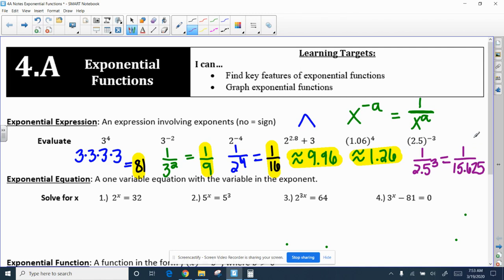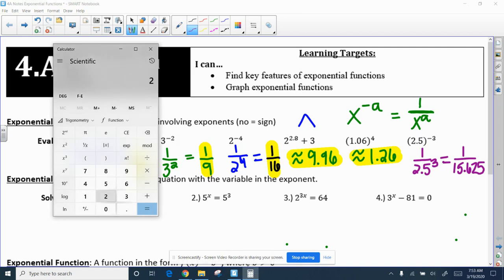Now, we don't usually leave decimals in a fraction, so I'm just going to get a decimal approximation for this. So in this case, I could just type this in my calculator as 2.5 to the negative 3 power. So on this calculator, I have to type the number first and then make it negative.